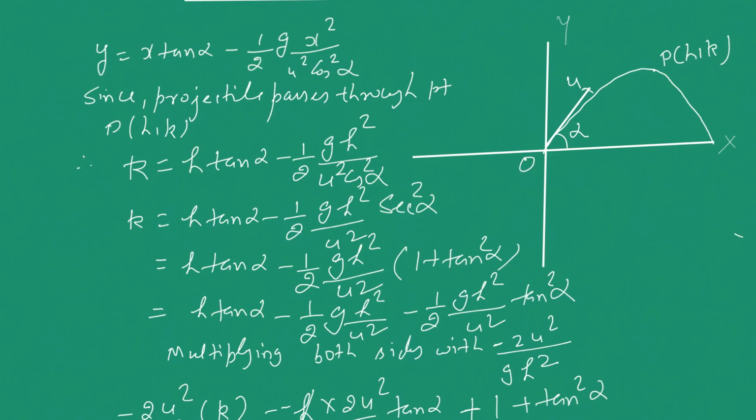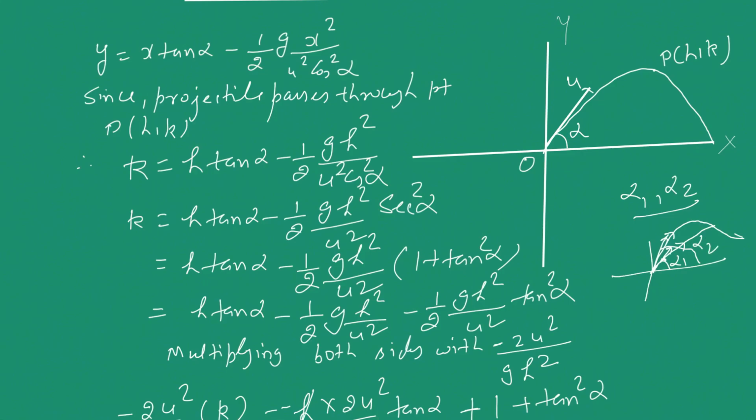One can be projected with angle alpha 1, another with alpha 2. If you have to hit this point, there are two directions: one from that way, another from that way. This is making angle alpha 1 and this is making angle alpha 2. So this can be done in two ways.